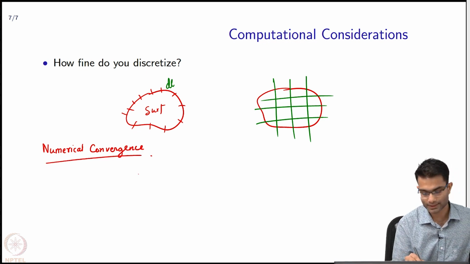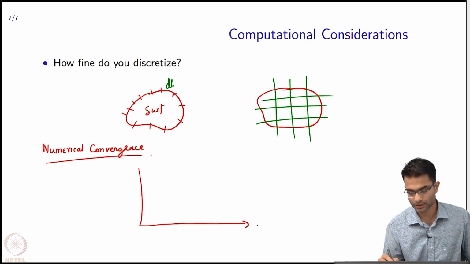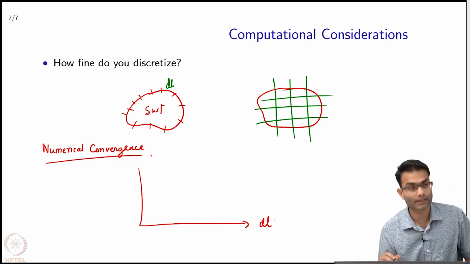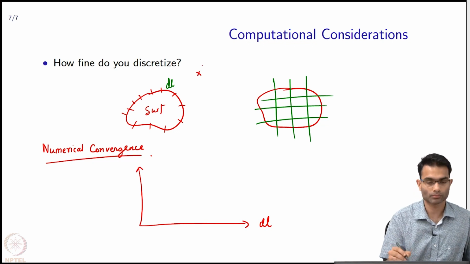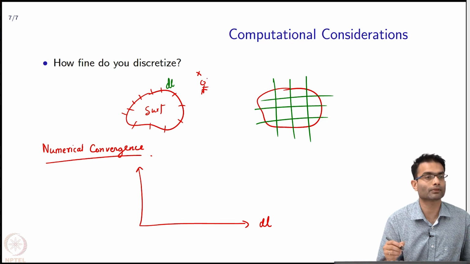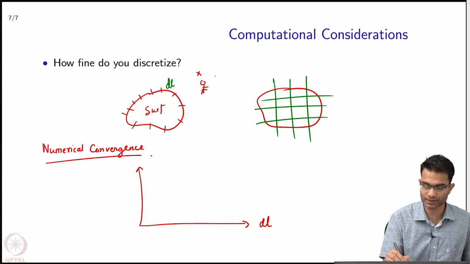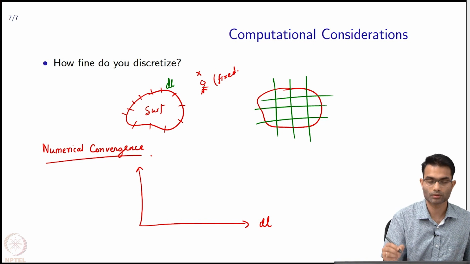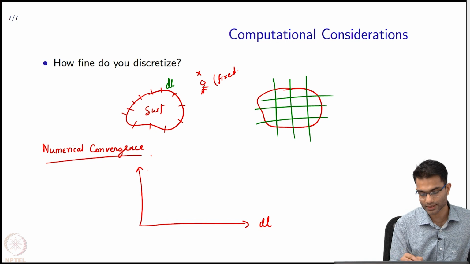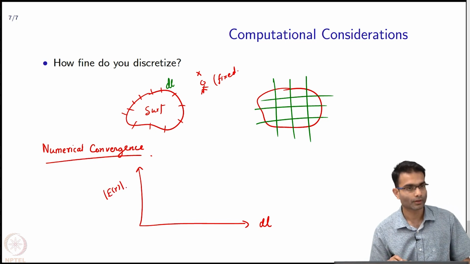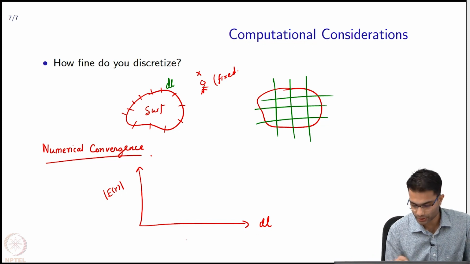So, what does that say? Let us say on this axis I have values of DL. Let me take one position over here where I am calculating the field, and keep this fixed. Let us say I am plotting E at the received point, starting with large values and going to finer values.